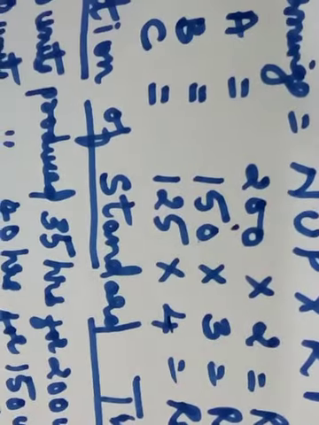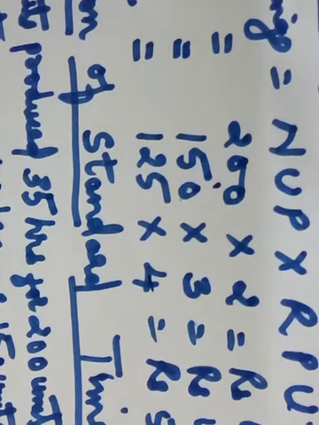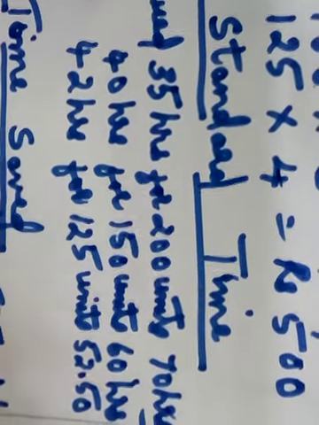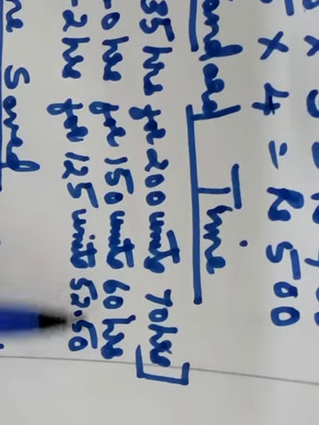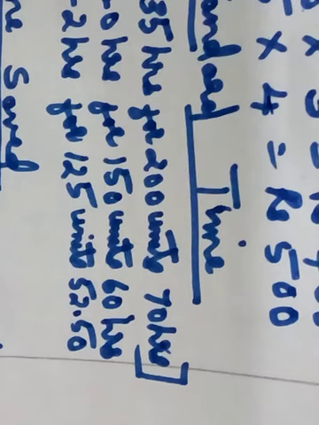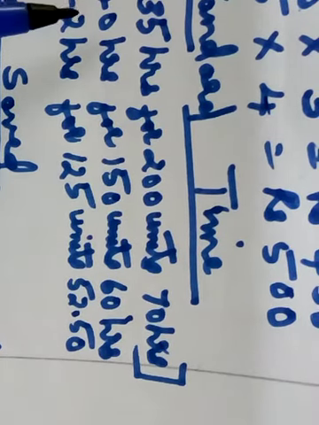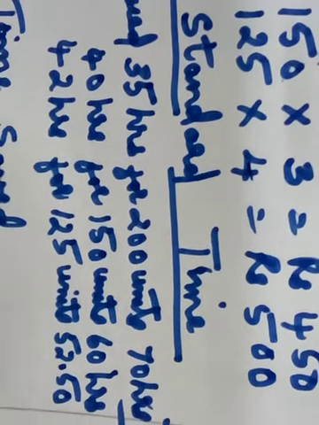The standard time fixed for 100 units for B is 40 hours and the total number of units produced by B is 150 units. Therefore the standard time fixed for B is 60 hours. For 100 units time is fixed at 40 hours, and in case of 150 units the time fixed is 60 hours.